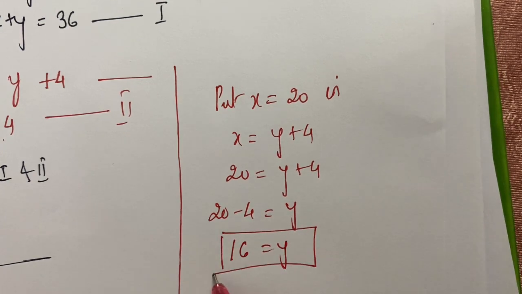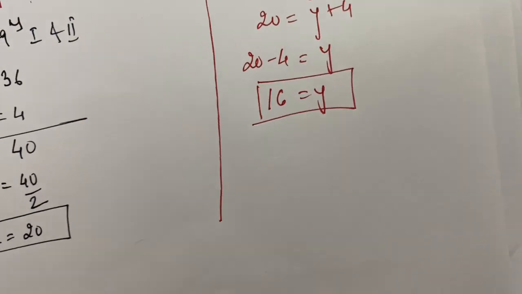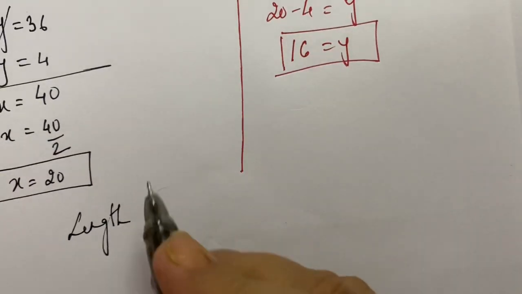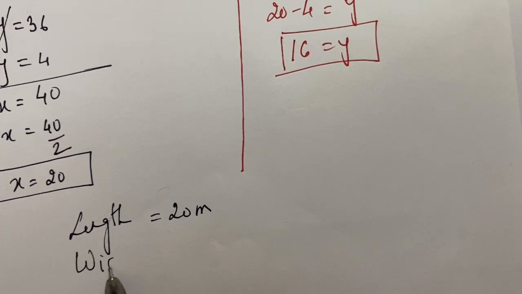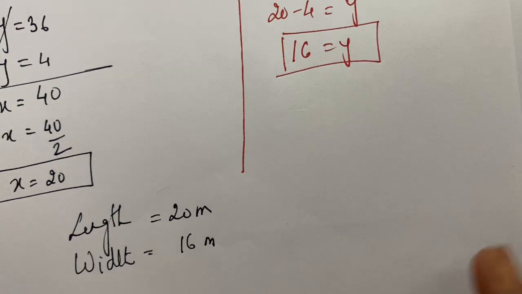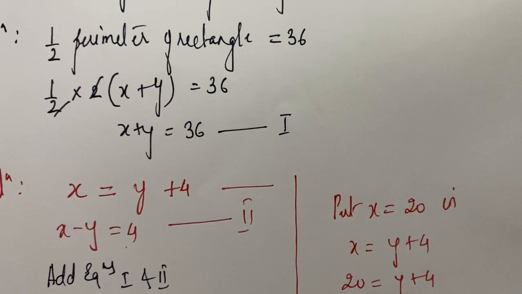So the width is 16 meter and the length is how much? It is 20 meter. So length is 20 meter and width or breadth is 16 meter. Are you getting this? Okay, so now we take one more word problem.